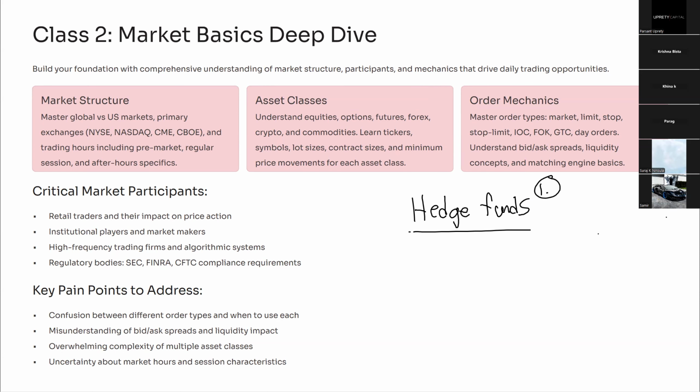Some big players if you want to do research: my favorite, Citadel. We have Two Sigma, and there's a few others that we can kind of name as well, but these two are absolute giants. Citadel, for example, their AUM, I believe right now is about 66 billion. They're controlling 66 billion dollars.